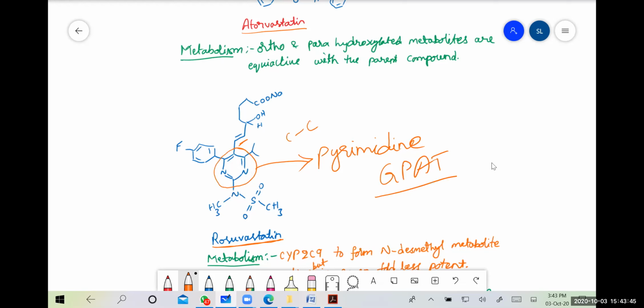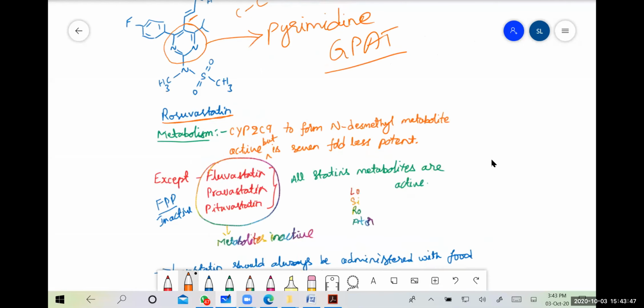Then coming to the metabolism of rosuvastatin. Rosuvastatin is metabolized by CYP2C9 liver enzymes to form the N-desmethyl metabolite. Desmethyl means removal of the methyl group; the methyl group attached to the nitrogen is removed. We call that the N-desmethyl metabolite, which is also active.